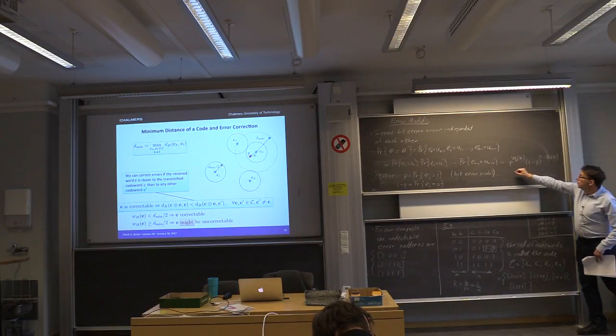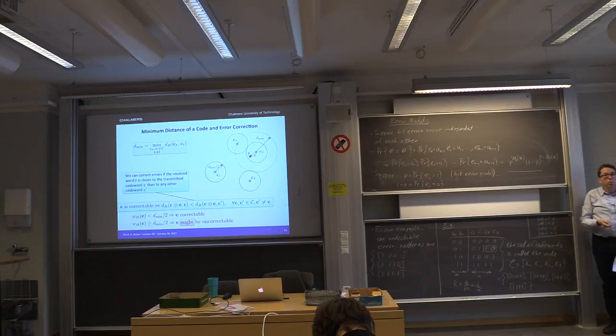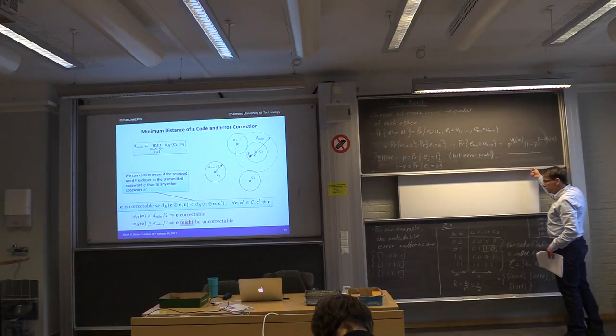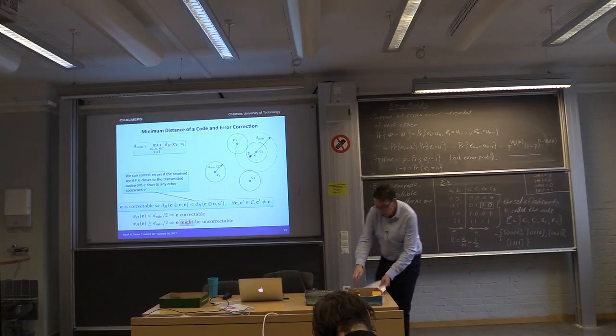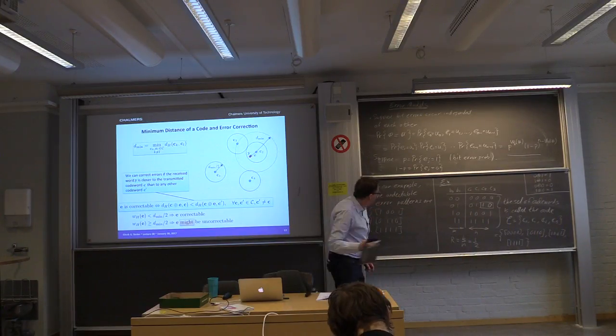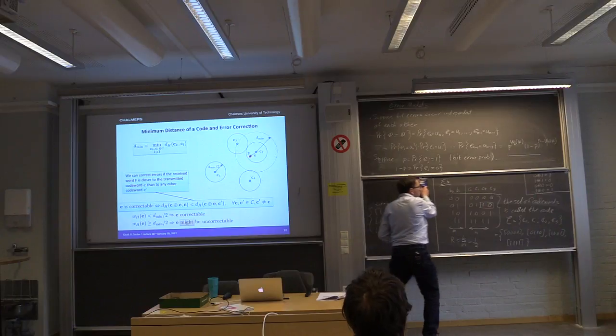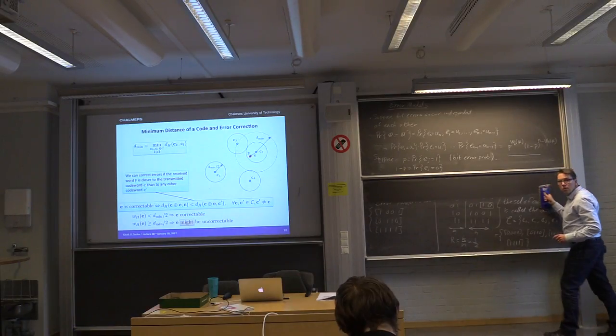So here is an expression for the probability that the error pattern takes on one specific vector U, one specific error pattern. Okay. Questions so far?